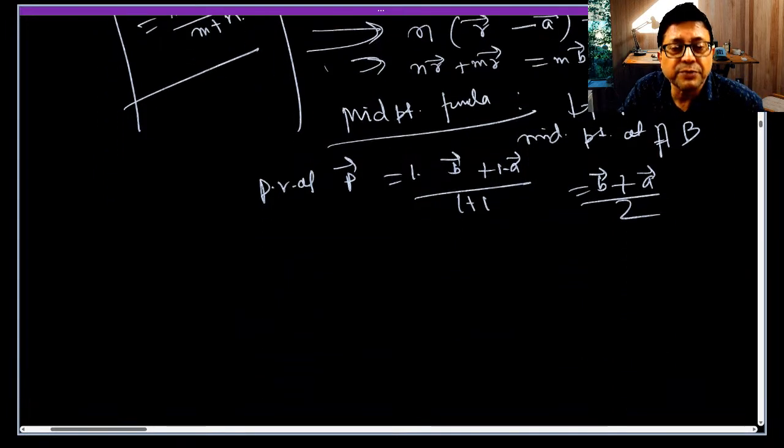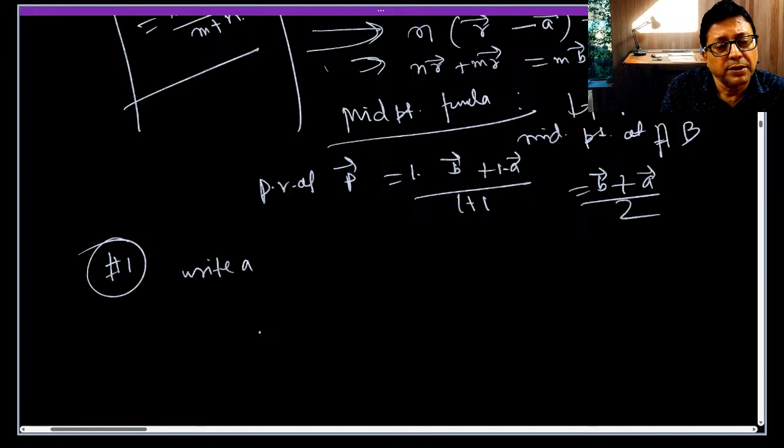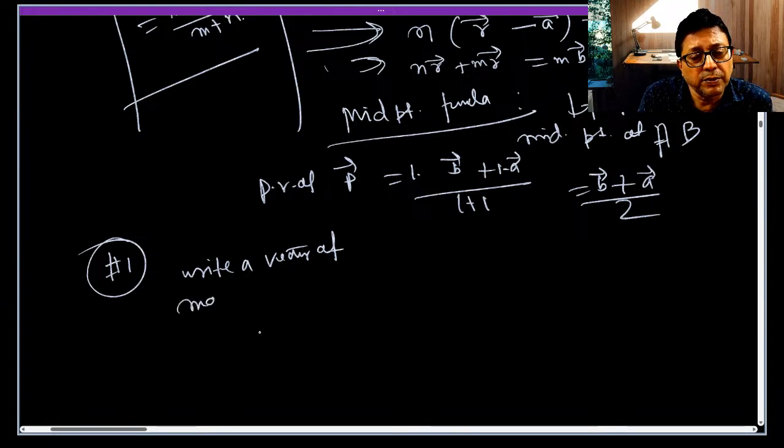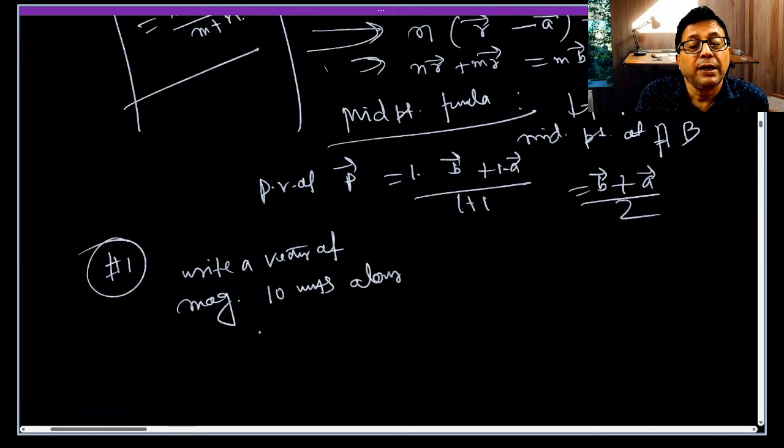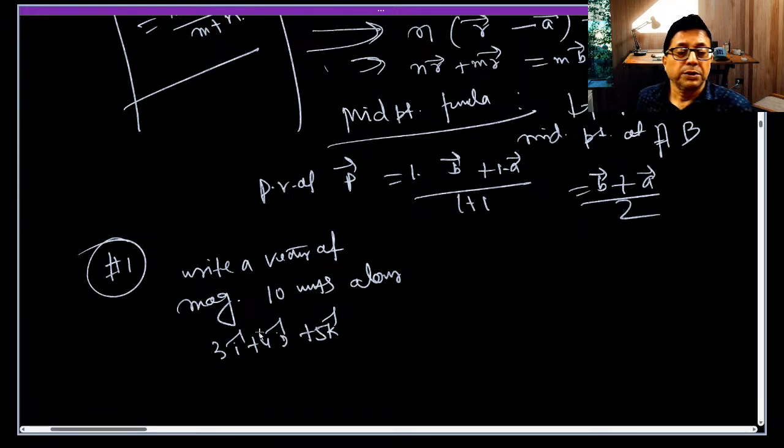Now suppose I am asking you a question in this manner. Just a few simple examples. Write a vector of magnitude 10 units along i plus 4j plus 5k.